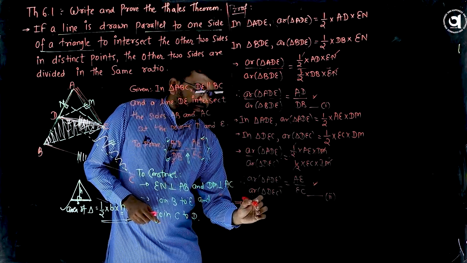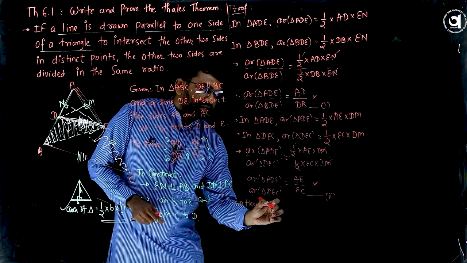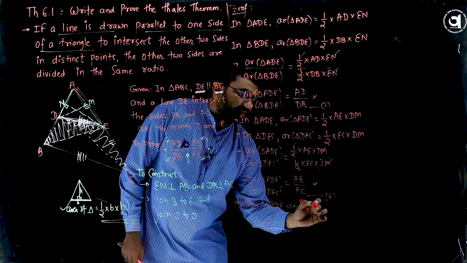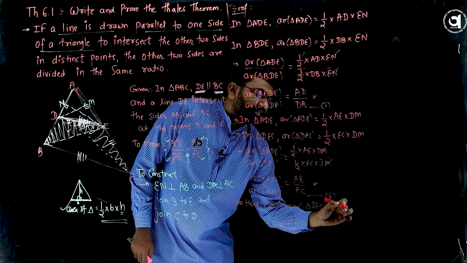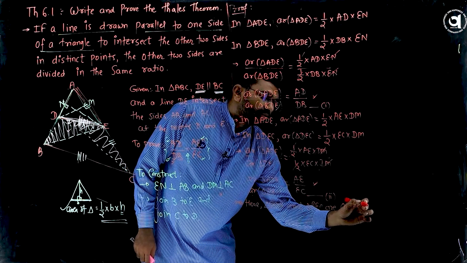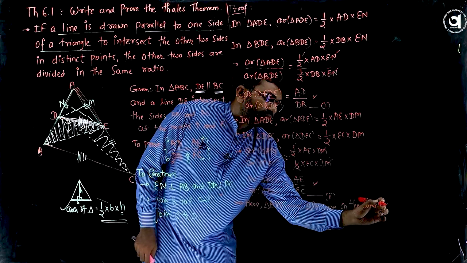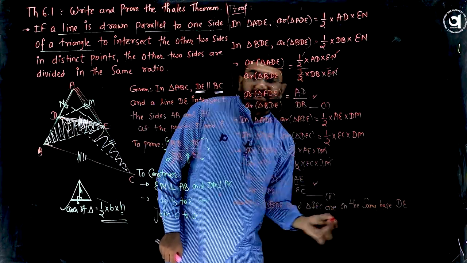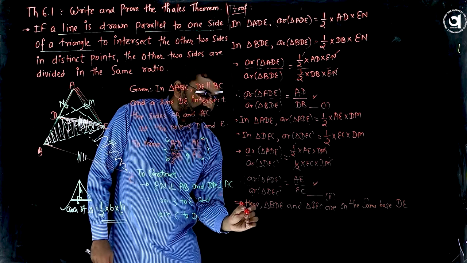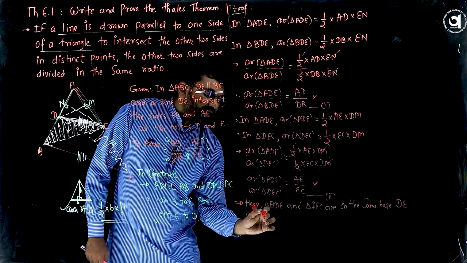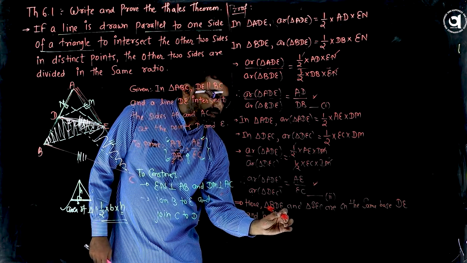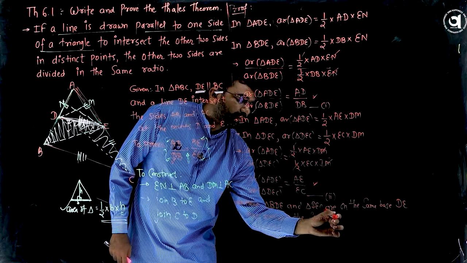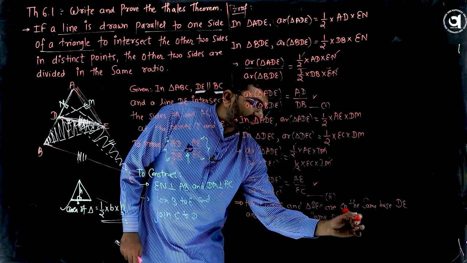Here triangle BDE and triangle DEC are on the same base DE, and between the same parallel lines.